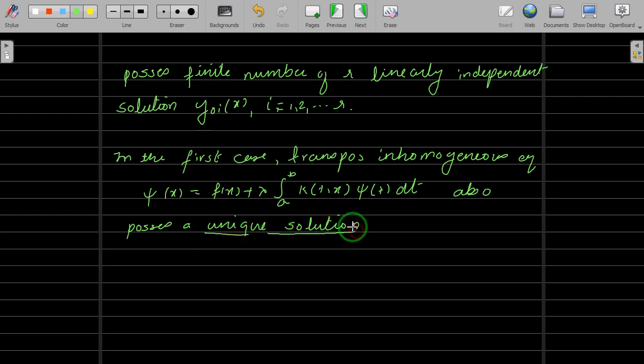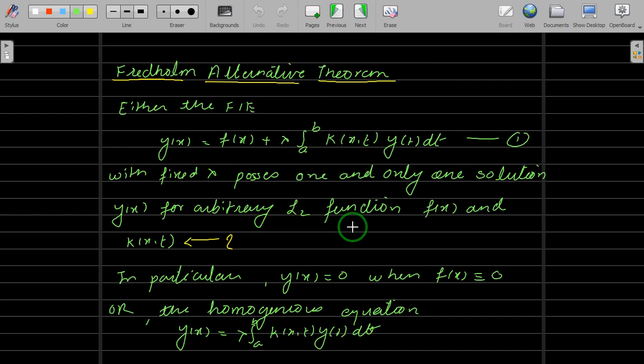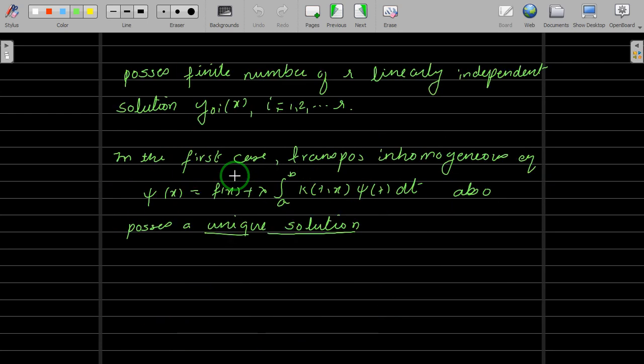So in the first case, when these conditions are satisfied, when you have a unique solution for your equation 1, the corresponding transpose equation also has a unique solution.